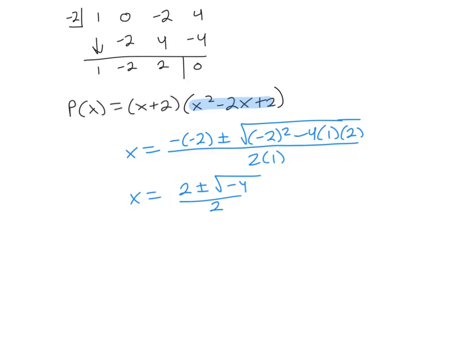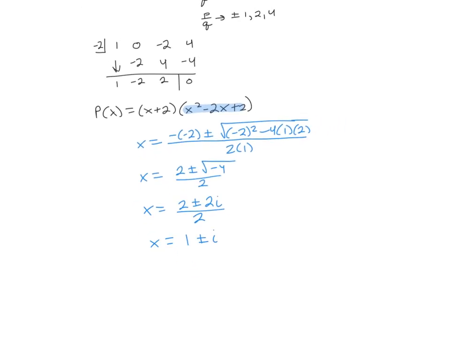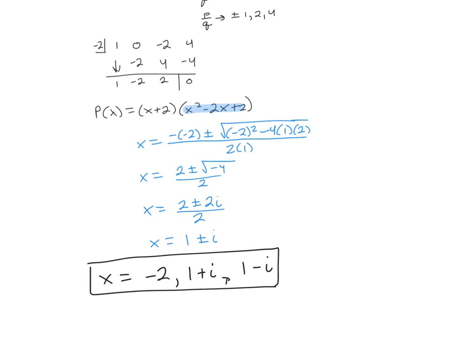This simplifies to x equals 2 plus or minus 2i all over 2, which simplifies to 1 plus or minus i. So I can see that my three answers are x equals -2, 1 plus i, a complex number, and 1 minus i. Or if you would like to write it as 1 plus or minus i, that is fine as well.